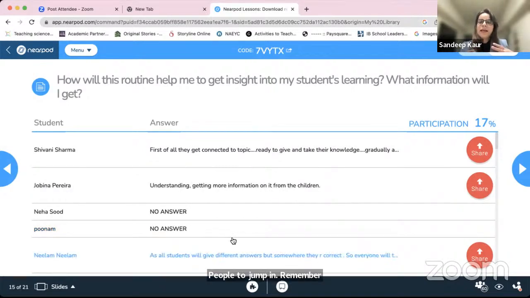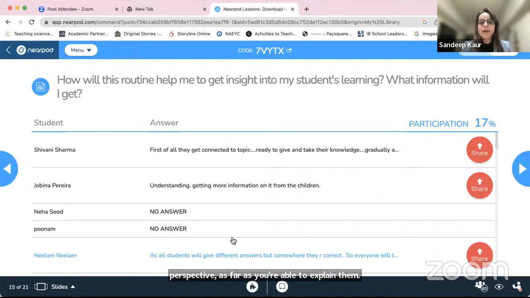Remember, these routines are not about right or wrong, right? So it creates a non-threatening environment, where all answers are accepted. And that's your perspective, as far as you're able to explain it.